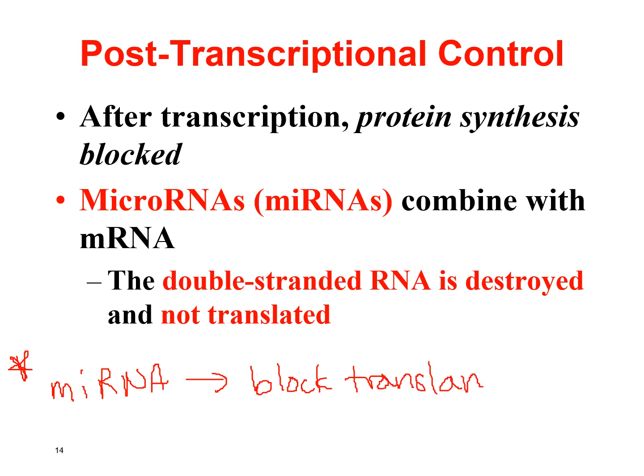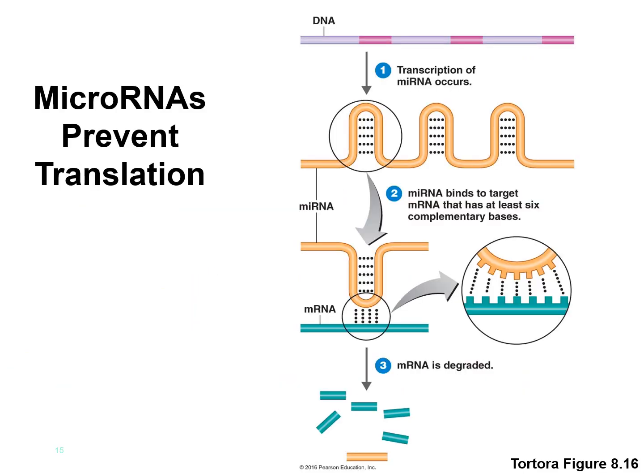So this is just another way to turn these operons on and off, or genes on and off, because we also use these in our cells too. Okay, so these microRNAs will block translation. Okay, so they call them microRNAs because they're really small. And here's how they work.